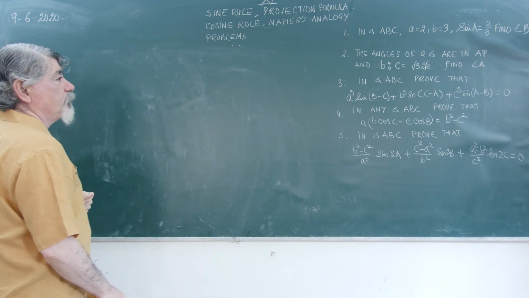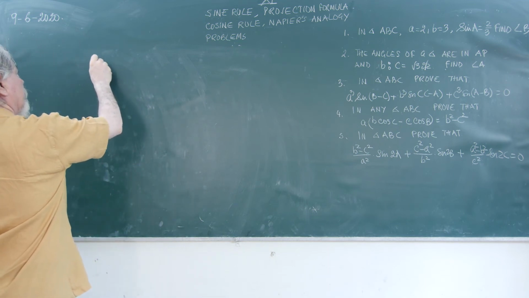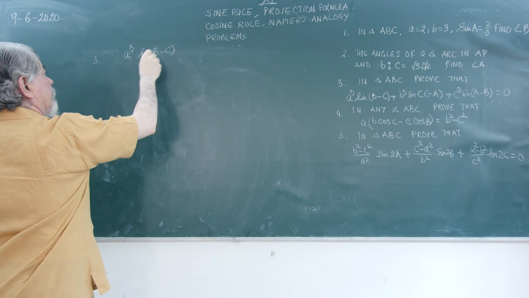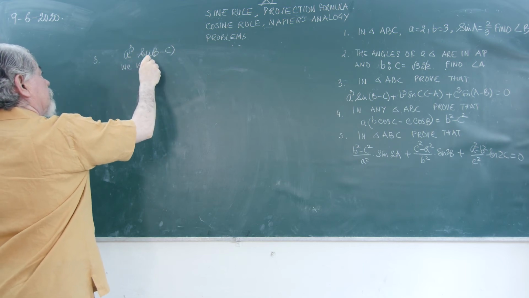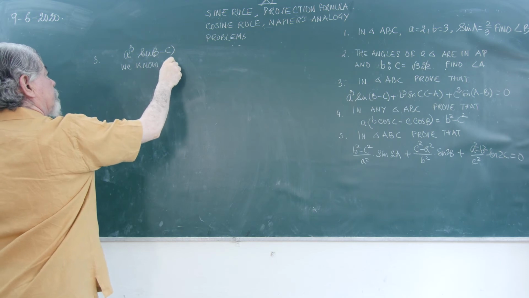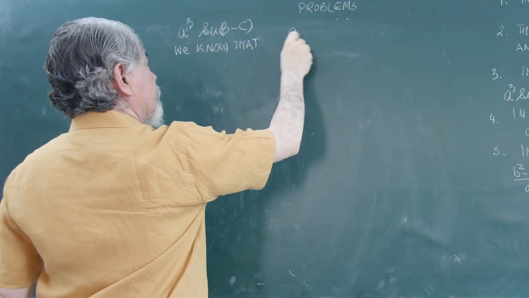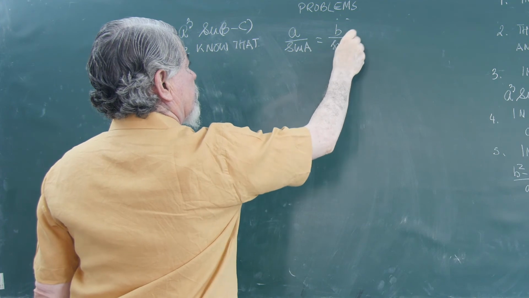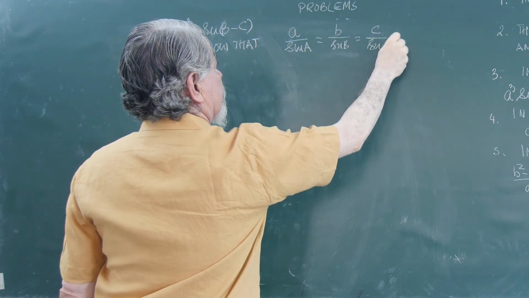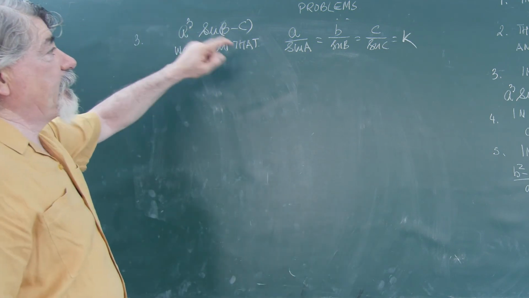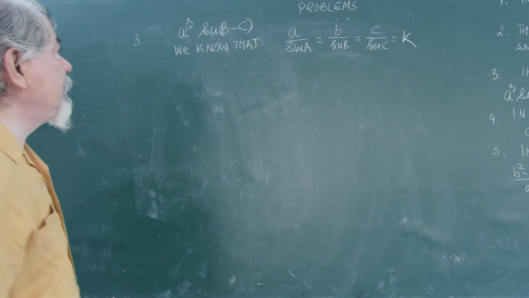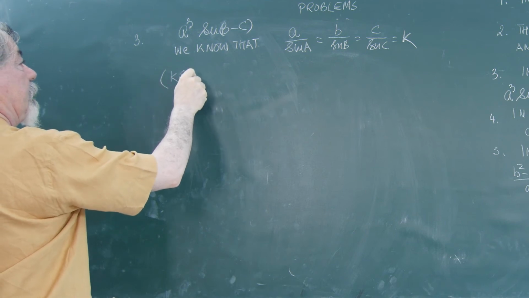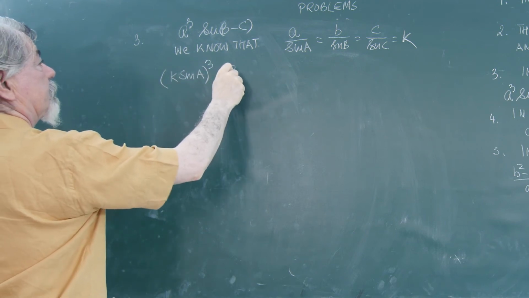So let me see a cube sine (B minus C). We know that a upon sine A is equal to b upon sine B is equal to c upon sine C is equal to K. So in place of a, I can write K sine A. It is a cube, so in place of a cube, I will write (K sine A) to the power 3 and sine (B minus C).